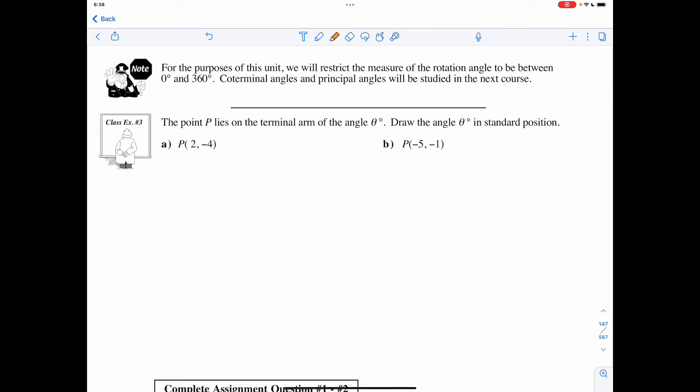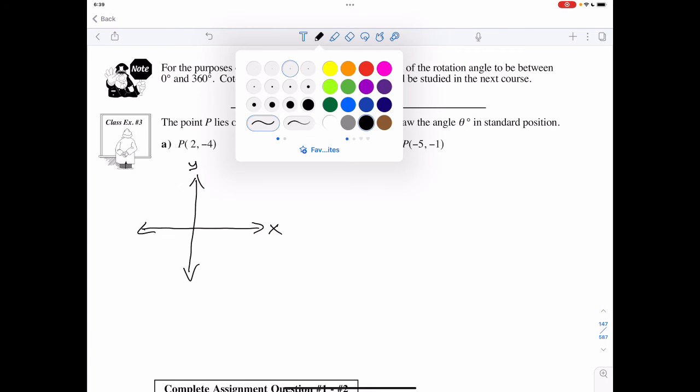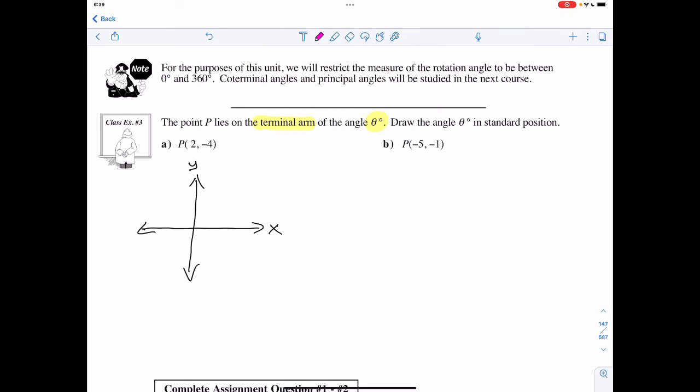Sometimes we'll do it based on coordinates, where it says the point P lies on the terminal arm of the angle. Draw the angle in standard position. So I'm going to draw my y-axis. I'm going to draw my x-axis. And I have an x value of 2. I have a y value of -4.